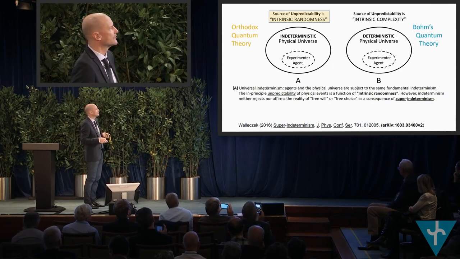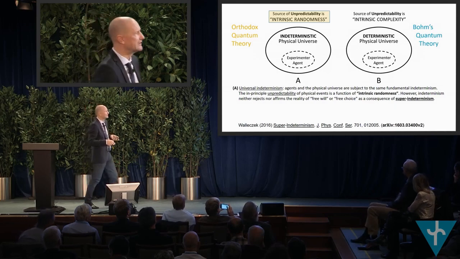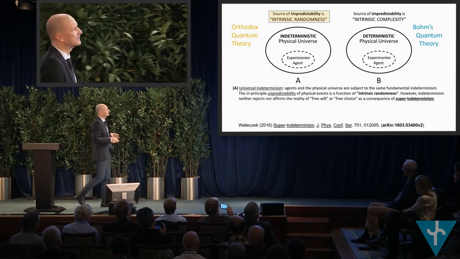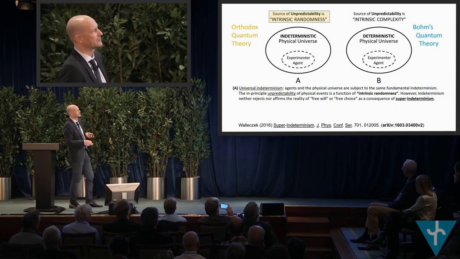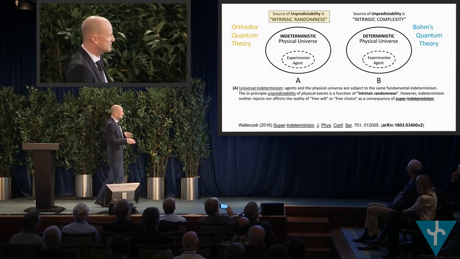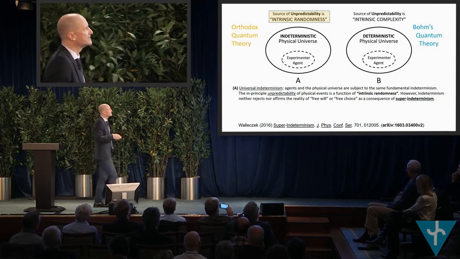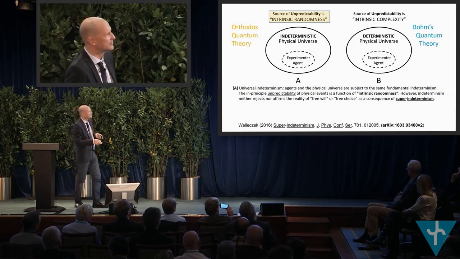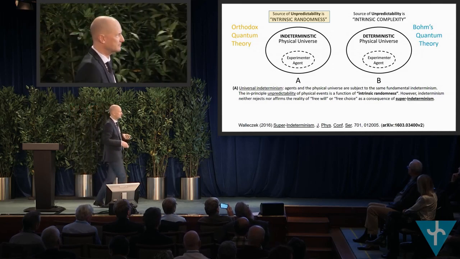Agent and physical universe are subject to the same fundamental indeterminism. The in-principle unpredictability of physical events is a function of intrinsic randomness. However, in this case, and this is shown in this paper, indeterminism neither rejects nor affirms the reality of free will or free choice as a consequence of super indeterminism.